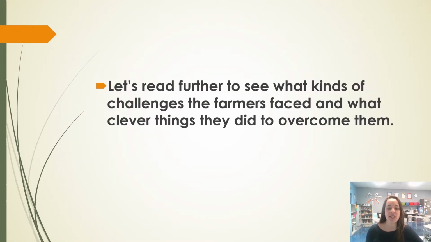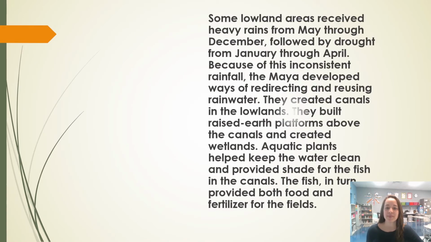Let's read further to see what kinds of challenges the farmers faced and what clever things they did to overcome them. Some lowland areas received heavy rains from May through December, followed by drought from January through April.